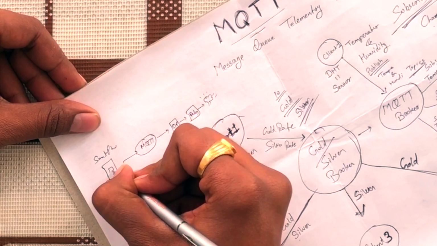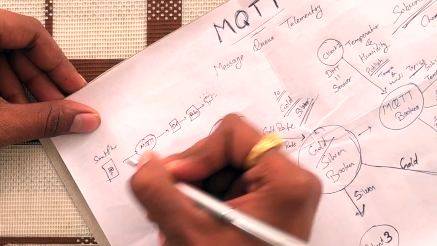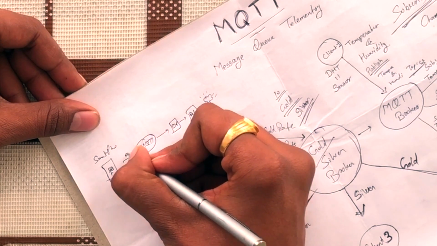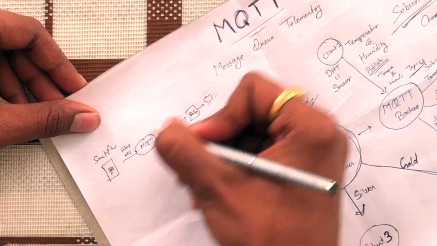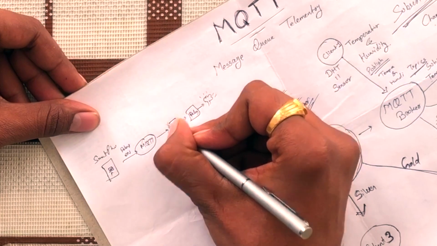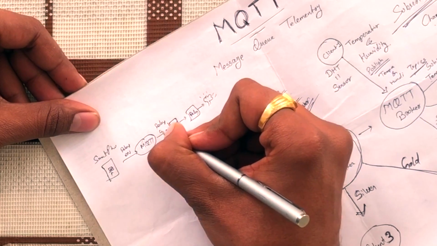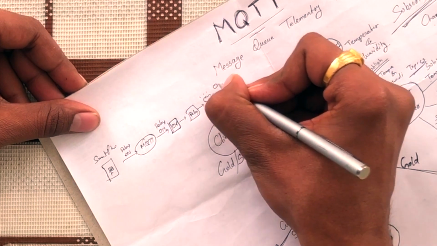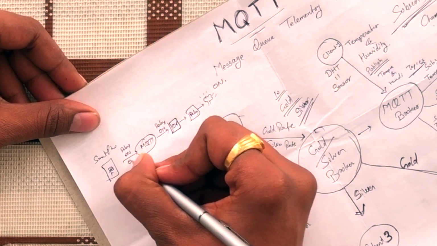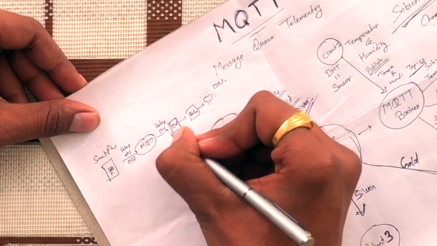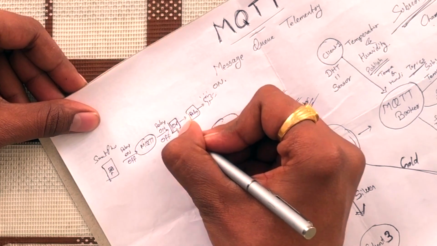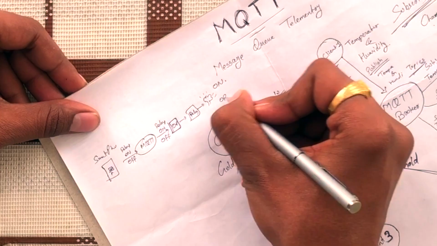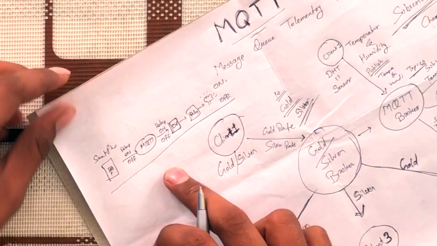From my smartphone, if I click on this on button, it will send the on data to a particular relay topic. This ESP is also subscribed to the relay topic, so it will also receive this on information, and as soon as it receives the on information, it will turn on the bulb. And if I pass the off information on this topic, it will receive the off information, and the bulb will turn off. So this is how you can make home automation projects using the MQTT protocol.